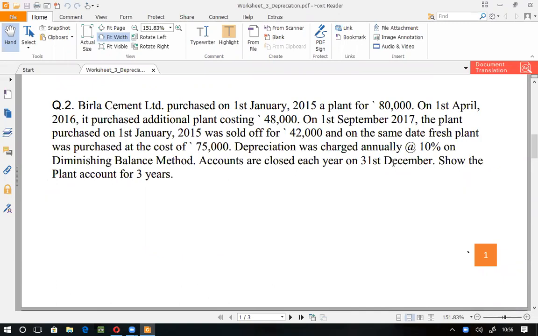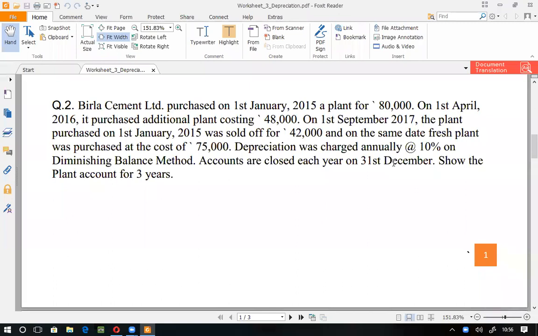On 1st September 2017, the plant purchased on 1st January 2015 was sold off for rupees 42,000. And on the same date, a fresh plant was purchased at the cost of rupees 75,000. Depreciation was charged annually at the rate of 10% on the diminishing balance method. Accounts are closed each year on 31st December. Show the plant account for 3 years.